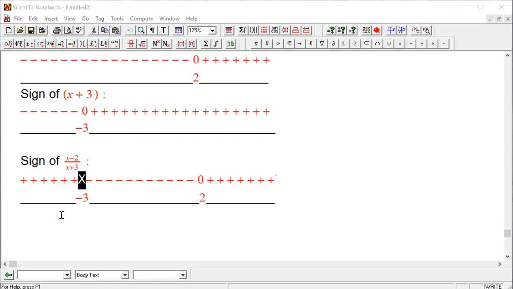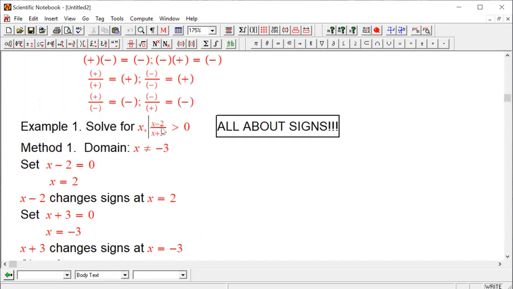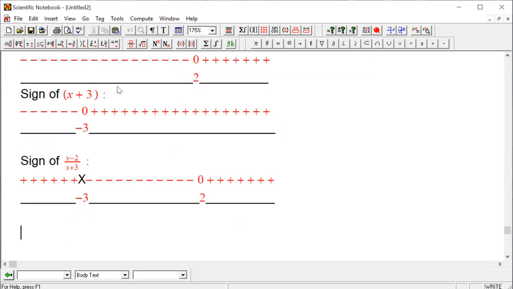And now it's time to spell out the solution. What are we looking for? We're looking for the quotient to be larger than 0. So the solutions to this inequality are the x values on the number line such that the quotient is positive.